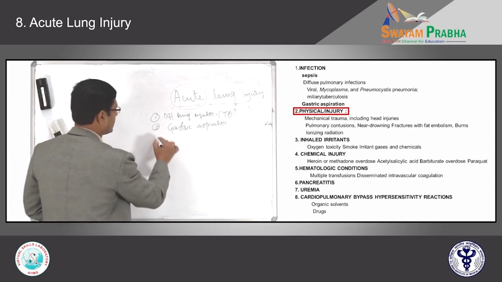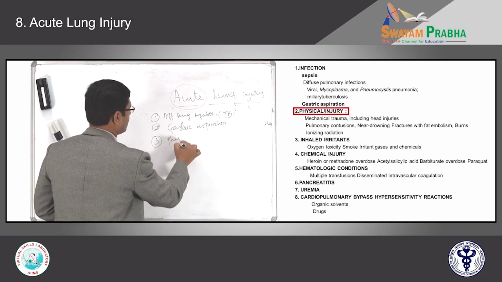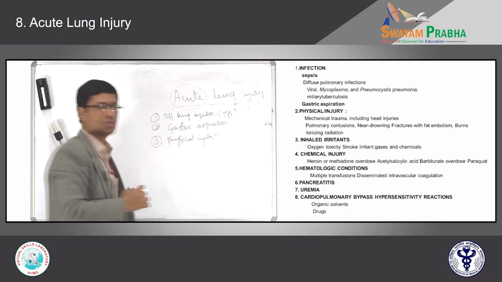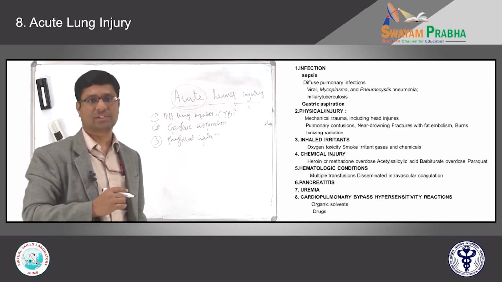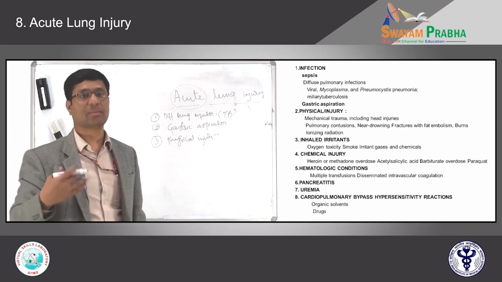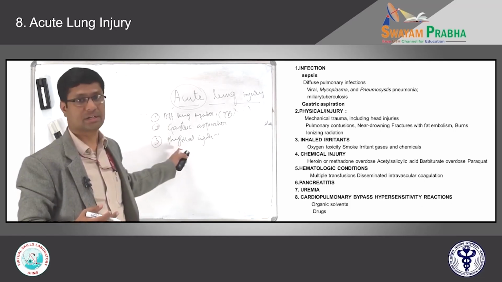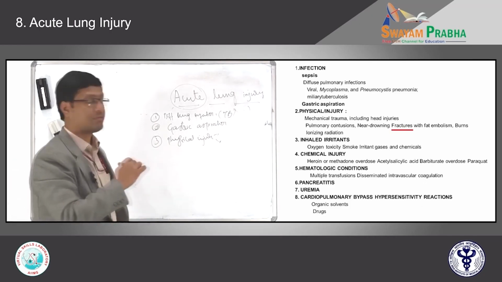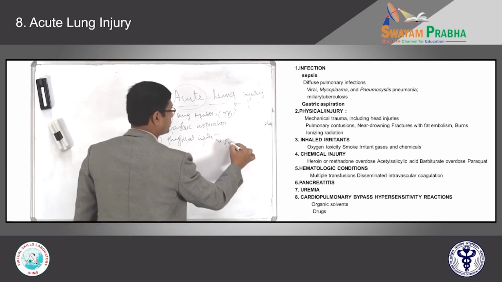Any kind of physical injury. For example, most commonly severe road traffic accidents. When the patient has multiple contusions or injury of the ribs, they may die because of ARDS. So this is the most important thing all of you should remember. Then any kind of fractures, multiple fractures.